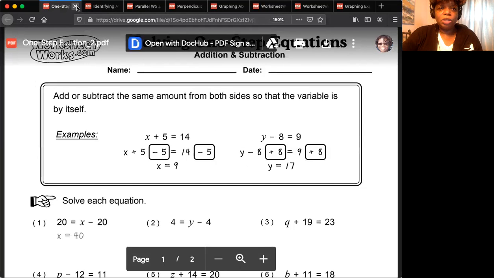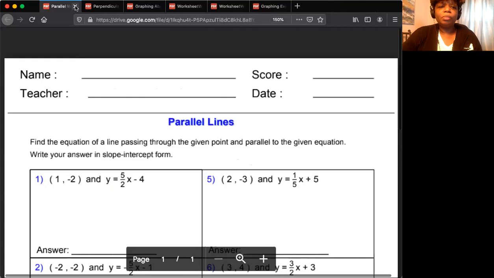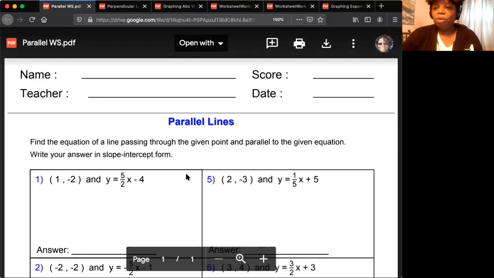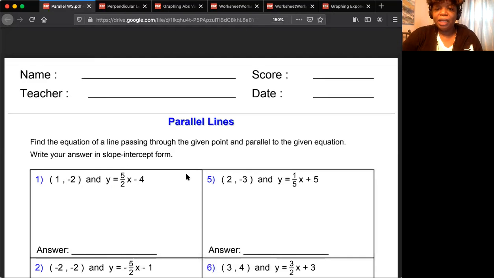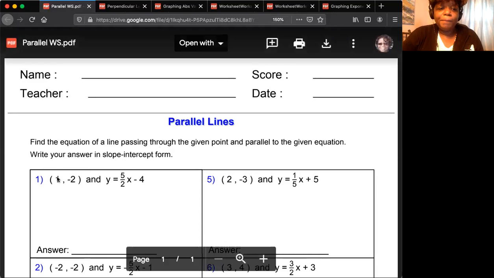But then also, you will have parallel and perpendicular line equations. So for instance, here it's asking you what would be an example of an equation that is parallel to this equation, but uses this point.